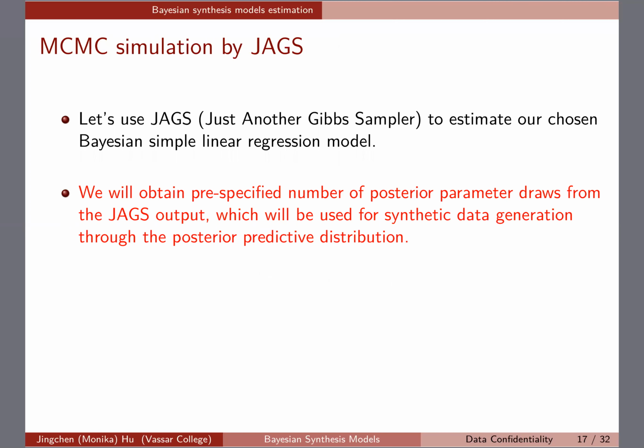And I highlight this one here just to make sure that, if you remember, for simple linear regression, typically we give priors, we run JAX, we get some output, and then we do some interpretation or summarization of the parameters. Like we talk about the mean or the median of the beta 0 and beta 1, right?